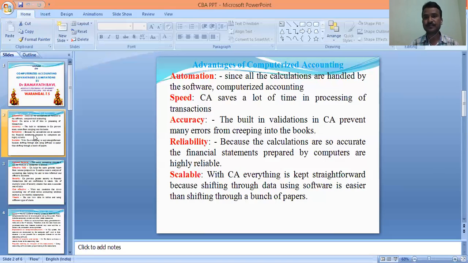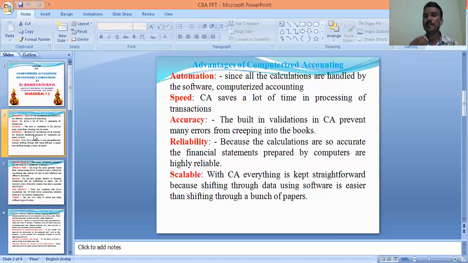And accuracy. Similarly, we have to maintain this automation and speed with accuracy also. The built-in validation in computerized accounting prevents many errors. Example, when we enter a transaction, debit to cash: the worth of the transaction is 10,000, and on the debit side we wrote 10,000, but on the credit side we wrote 1,000.